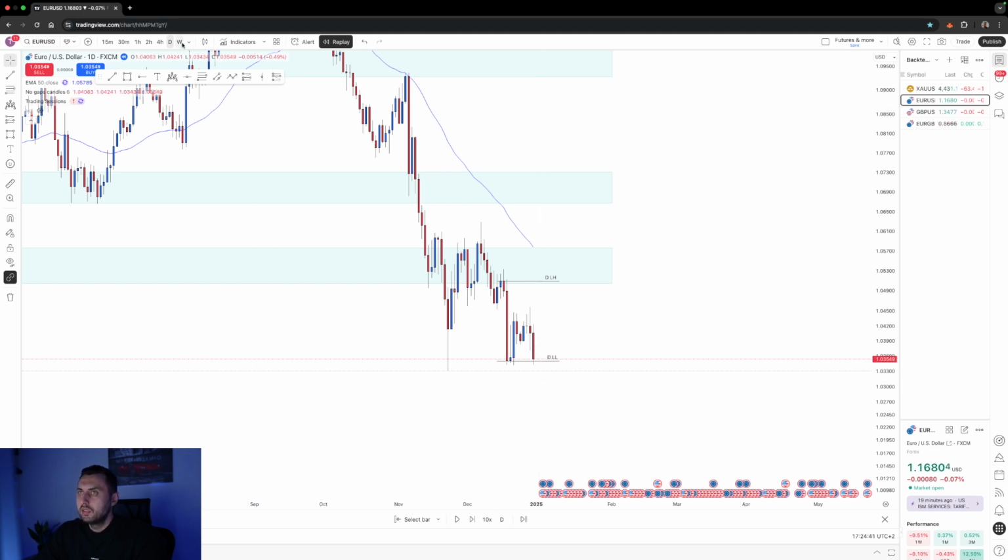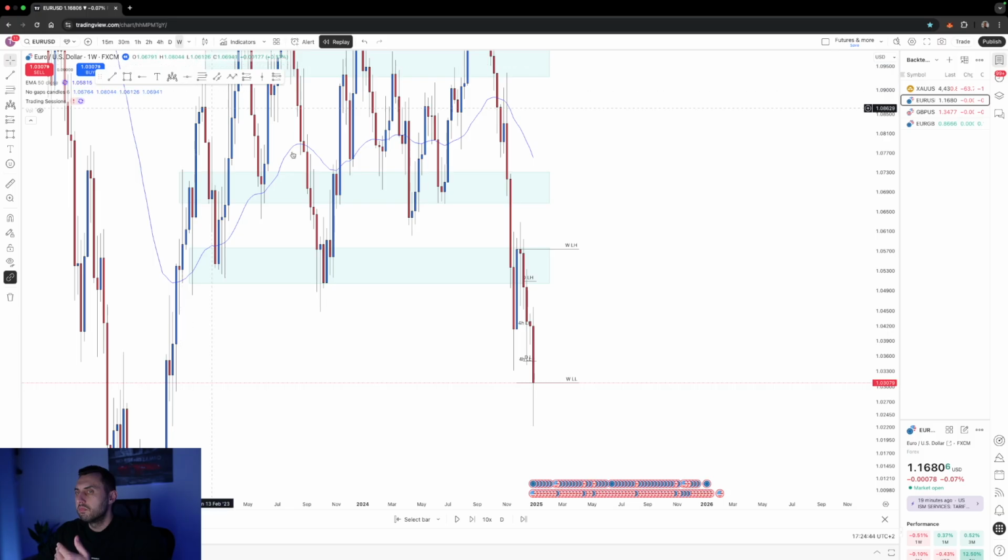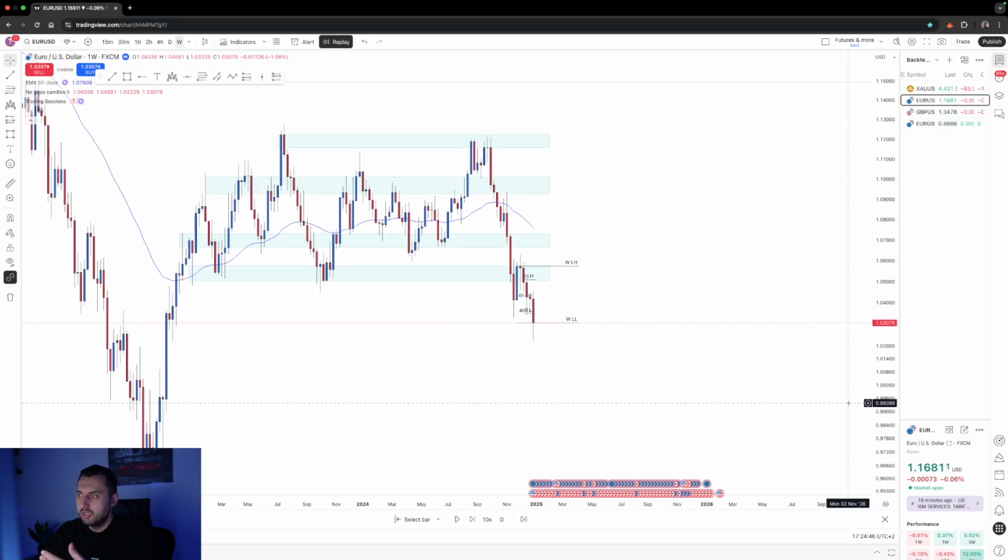But my interest is to take trades something like this one. Something like this one. So I want to see the price rejecting from an area of interest, not to take any trades anywhere.